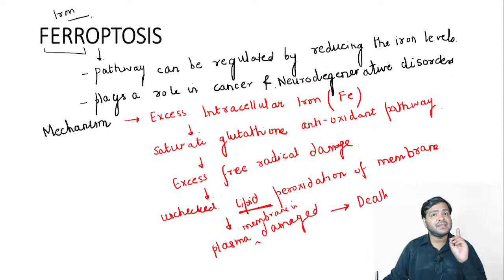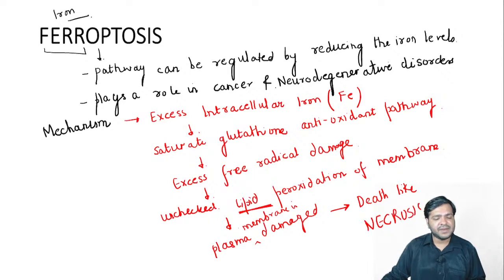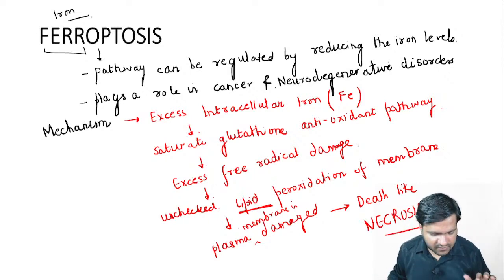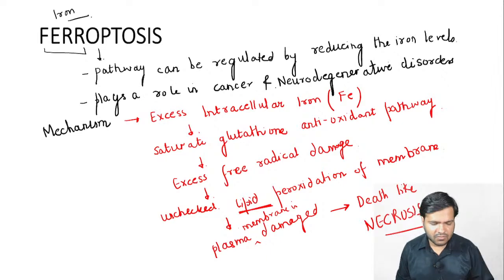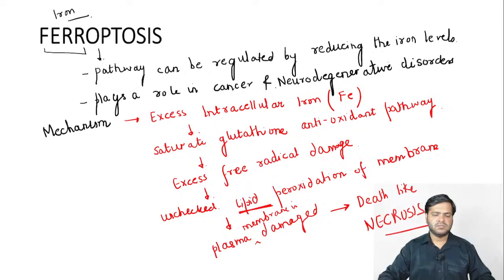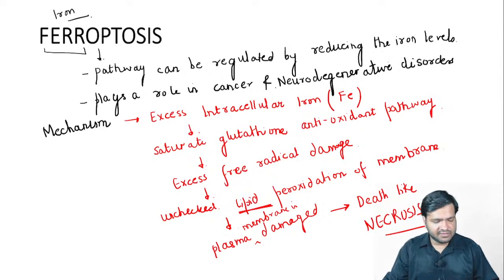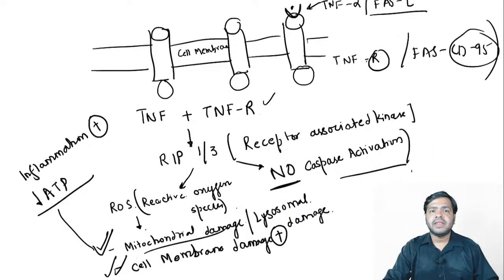When the plasma membrane is damaged, it is a death like necrosis, because in necrosis only you will encounter the plasma membrane being damaged. Ferroptosis is done. Necroptosis, pyroptosis, all done.